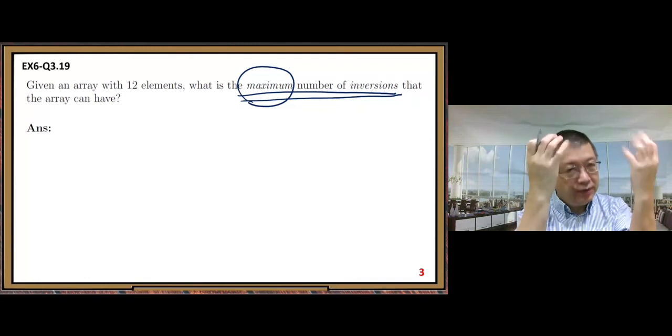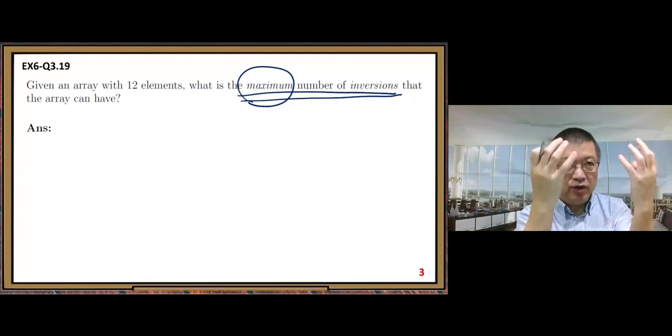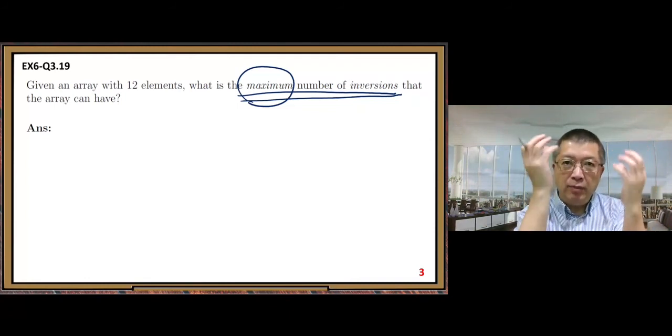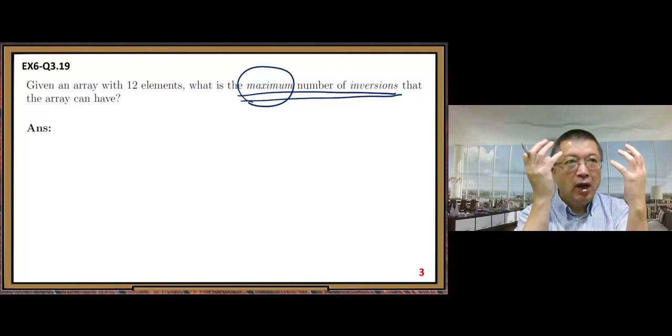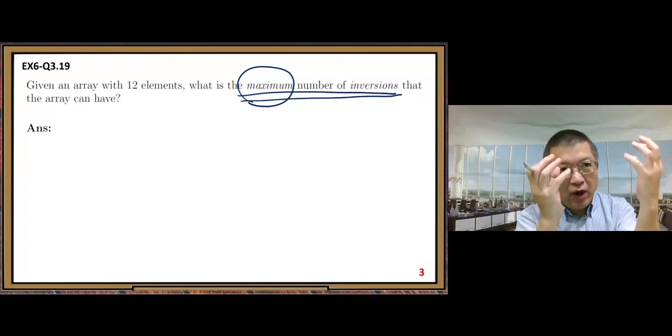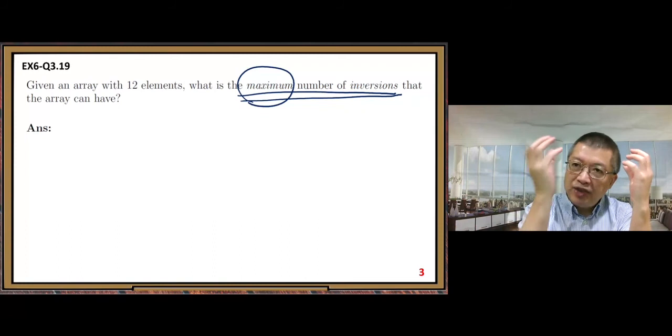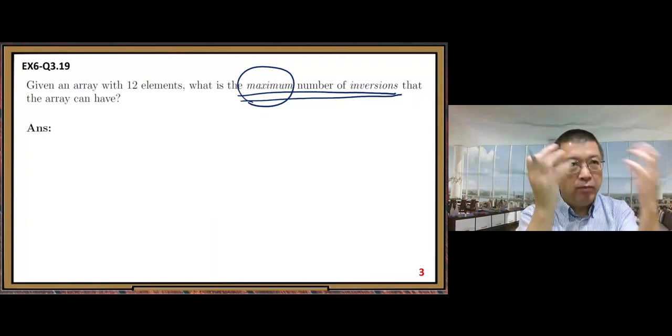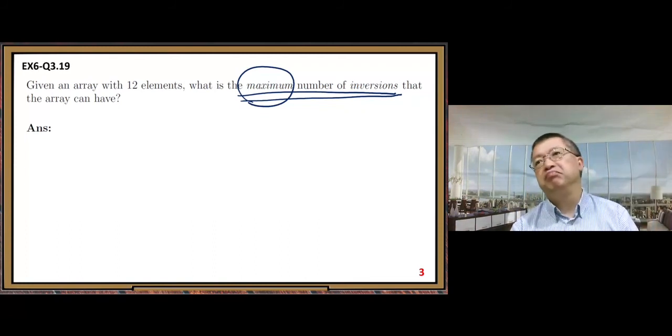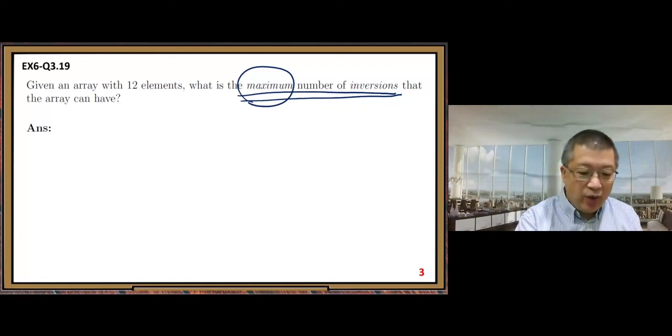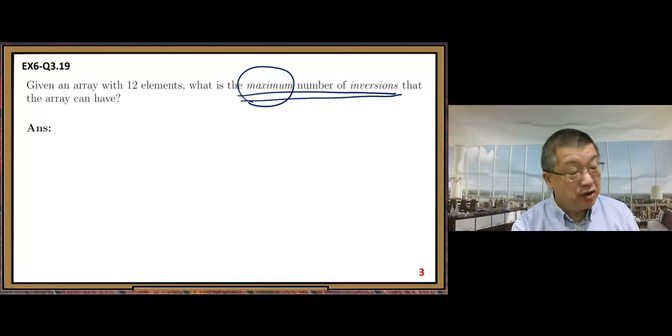When we look at one inversion, we look at 2 elements in the array. If the value of the first one is greater than the value of the second one, then they form an inversion. That's the meaning of inversion. All right. So here, we want to get a maximum number of inversions.